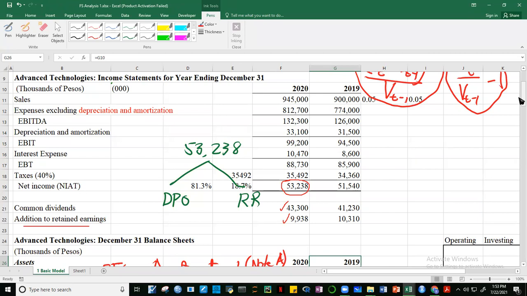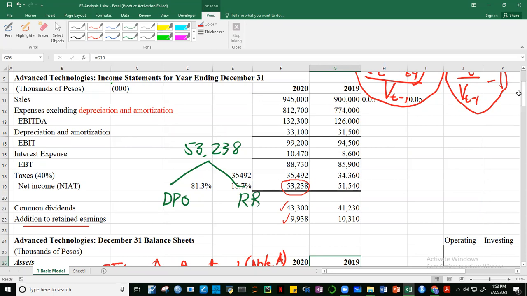Kasi, to construct a statement of cash flows for 2019, we need balance sheet 2019, we need balance sheet 2018, and we need income statement 2019. Meron tayong balance sheet ng 2019, meron tayong income statement 2019, pero wala tayong balance sheet ng 2018. So we cannot do that. Okay? So I hope that's clear, guys.